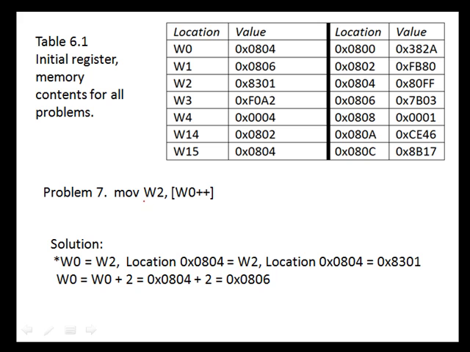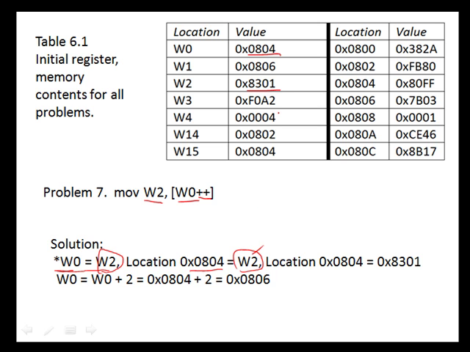Problem 7 says to move W2 register direct to W0 register indirect with post-increment addressing. Solution written in C pointer notation. This says to copy the value of W2 to the memory location pointed to by W0. W0 contains 804, so we're going to be modifying memory location 804 by writing the contents of W2 to it.